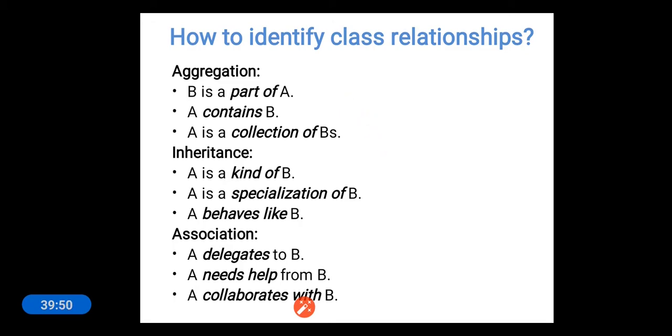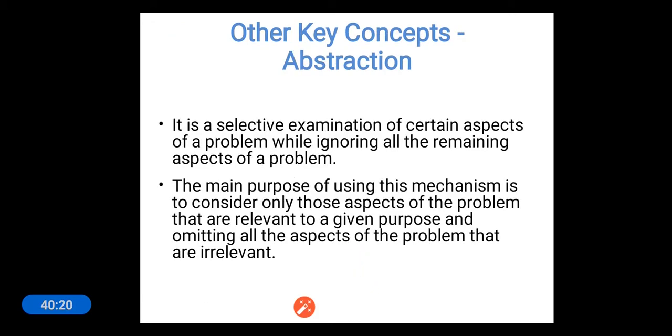Next comes inheritance: A is a kind of B, A is a specialization of B, A behaves like B. Here a kind of, specialization, behaves like, and even generalization are the keywords used to identify the inheritance relation. Next, association: A delegates to B, A needs help from B, A collaborates with B. These are the keywords used to represent the association relationship.